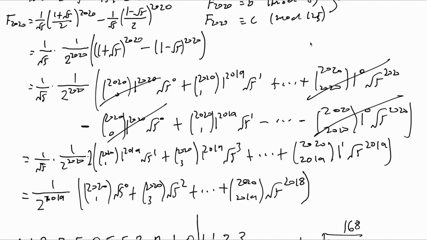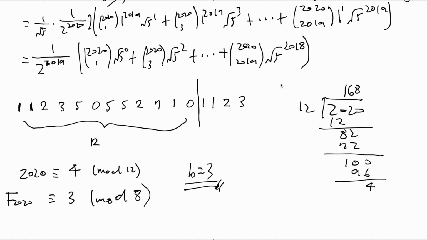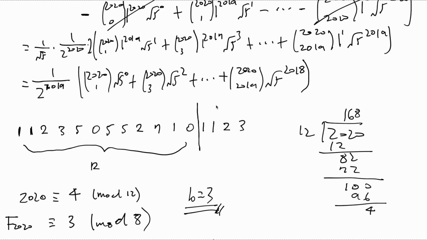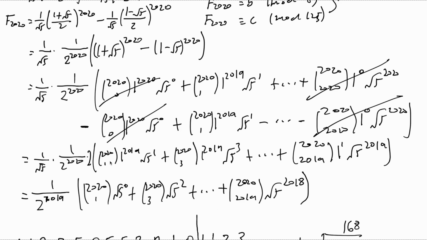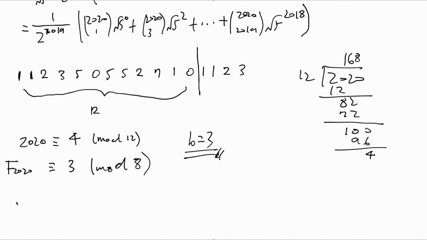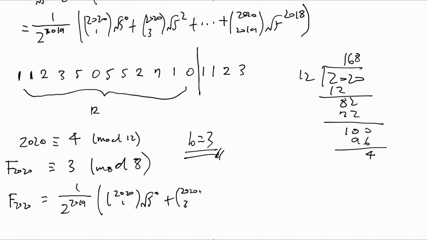For c, I don't want to use the same method because it will be 2 digits and it will be really dirty. So let's try and use this one. So we know that f of 2020 is equal to 2 to the power of 191 times, I will just rewrite them quickly, squared plus dot dot dot plus 5.